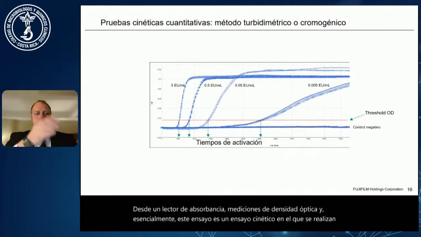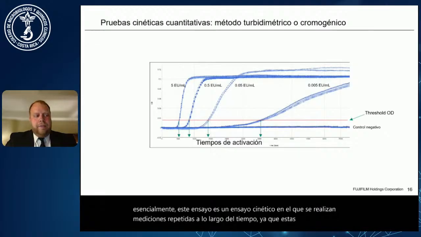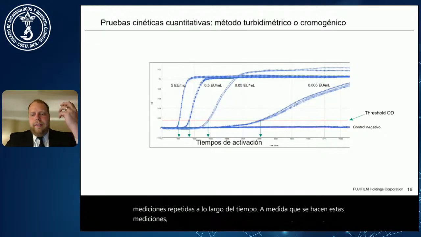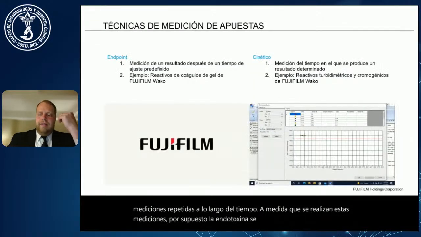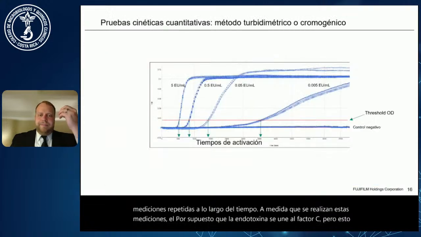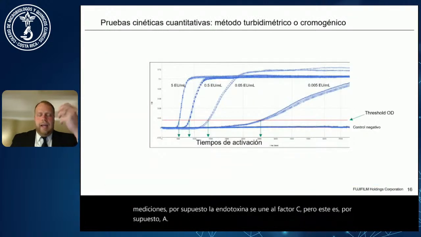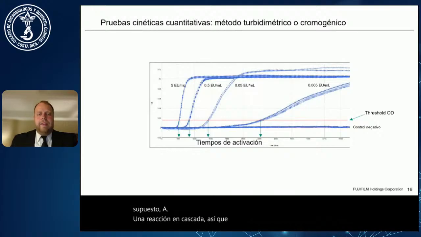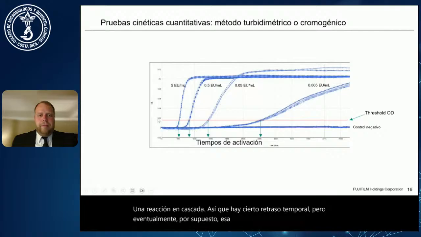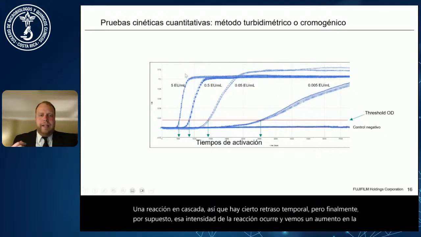As these measurements are made, of course, that endotoxin binds to factor C, but this is a cascade reaction. So there is some time delay, but eventually that intensity of the reaction takes place. We see an increase in absorbance, and we see that activation taking place.